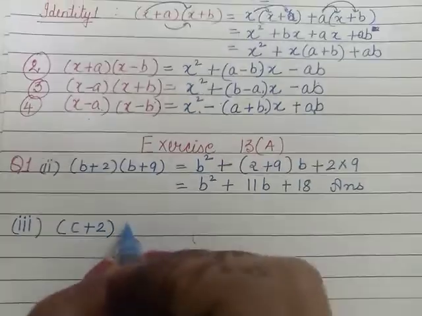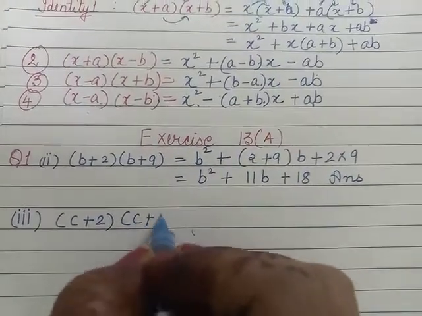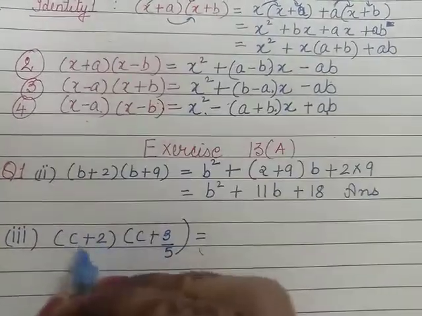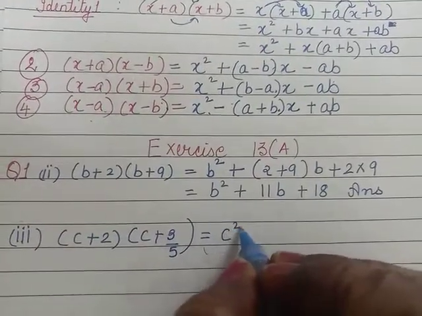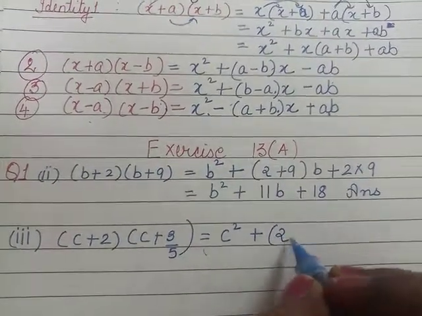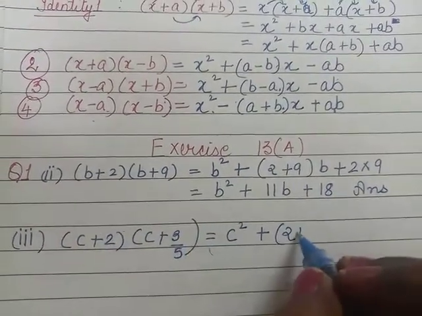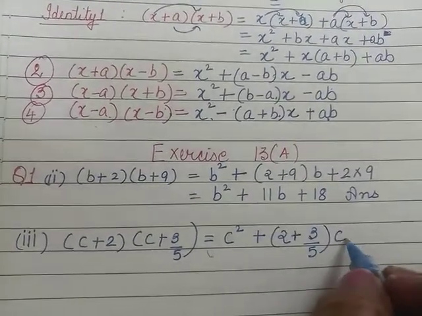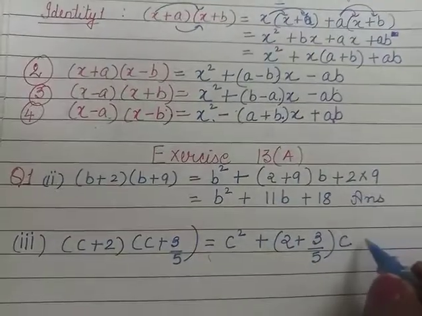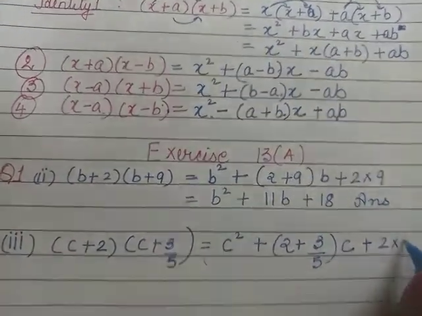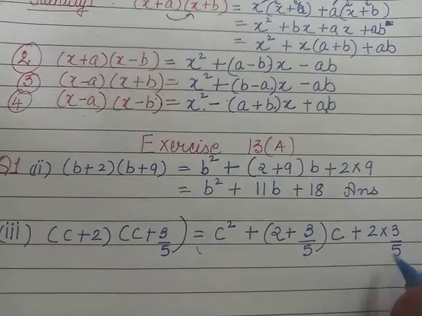C plus 2, c plus 3 by 5. Okay, so the first term is going to be c square. Both are positive, so plus sign. First constant is 2, another is 3 by 5. The 2 plus 3 by 5 multiplied with c, and the last term will be 2 into 3 by 5.